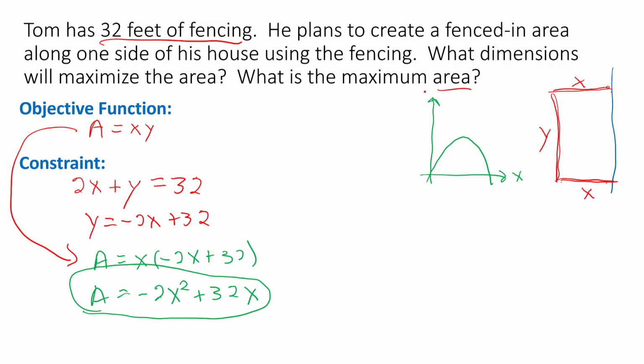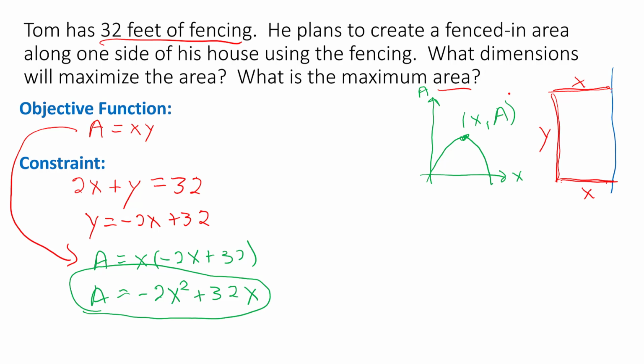So here is x, here is A. We keep our x-axis as an x-axis, where in this case x is the width, and A is the area. The vertex, the highest point on this graph, is going to occur at some point, and so we want to figure out what values of x and A would give us that vertex.